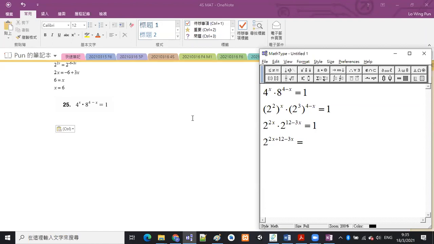On the right-hand side, the 1 can also be changed to a power of 2, since the 0 power of any base number is equal to 1. So we use 2 as the base number to the power 0. It becomes 2 to the power 12 minus x is equal to 2 to the power 0. So we can just write the indexes, and then x is 12. You get this?